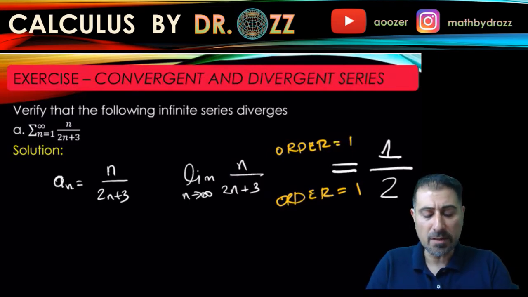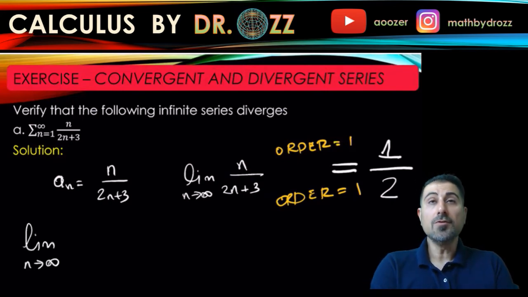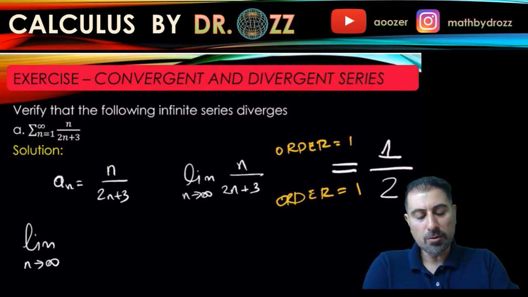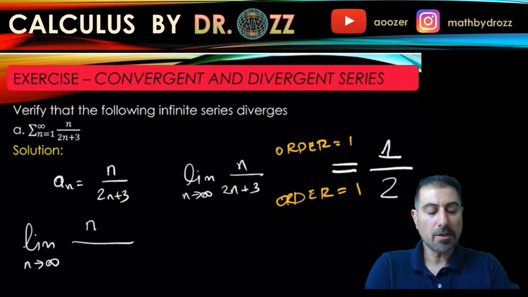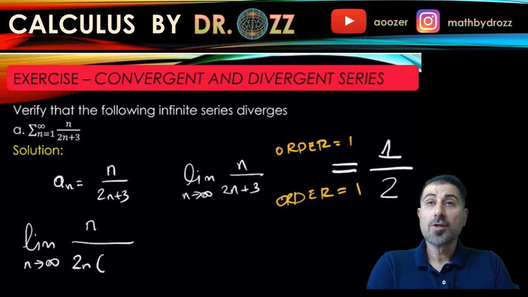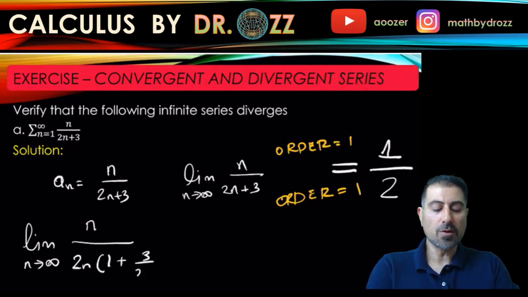Another way to handle it, which is more rigorous, is to factor out the highest order term from the top and the bottom. There's only one term in the numerator, so I don't need to factor that out. But in the bottom, the highest order term is 2n, so I factor that out, and I'm left with 1 plus 3 over 2n.